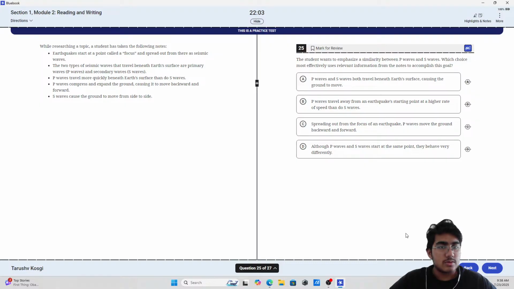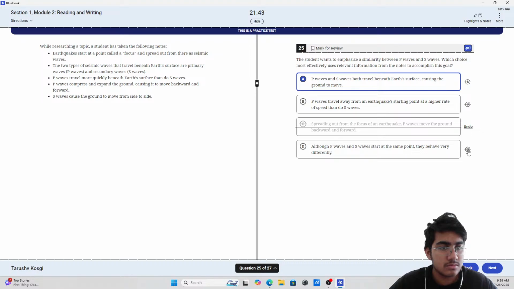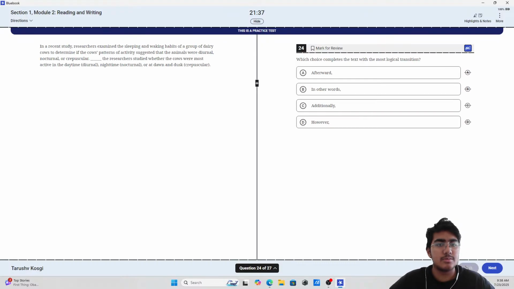A student wants to emphasize the similarity between P waves and S waves. Which choice most effectively uses relevant information from the notes to accomplish this goal? This is just about P waves. This is difference. A is the only similarity. Okay.